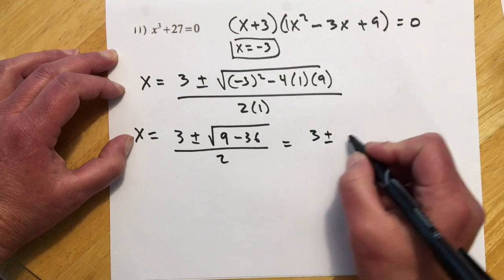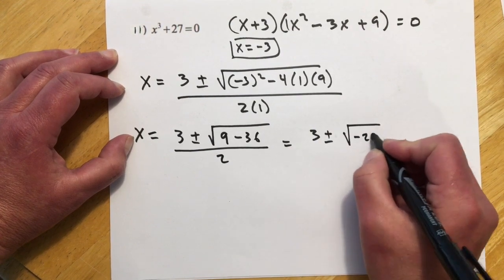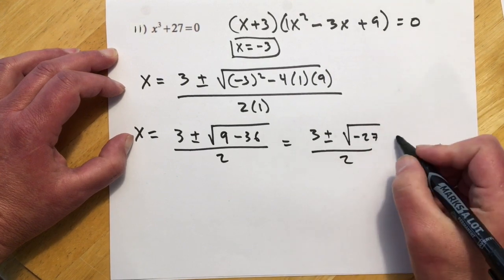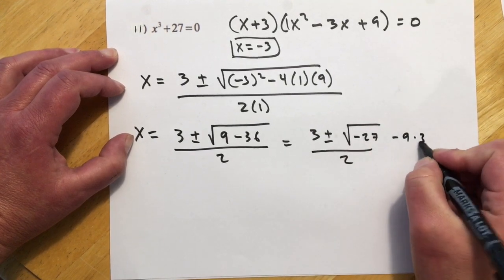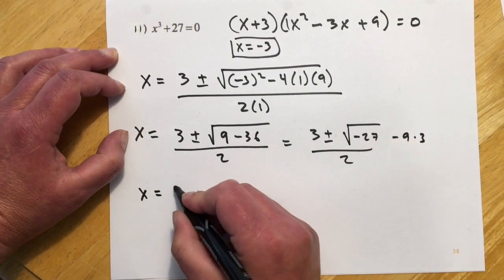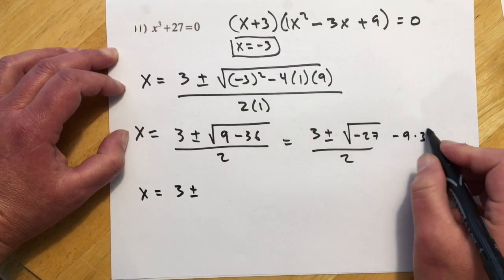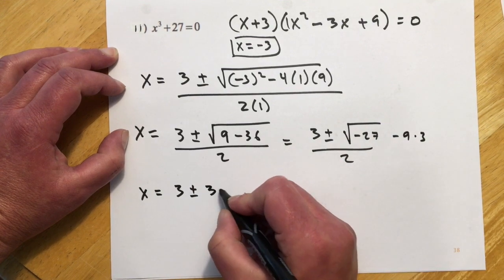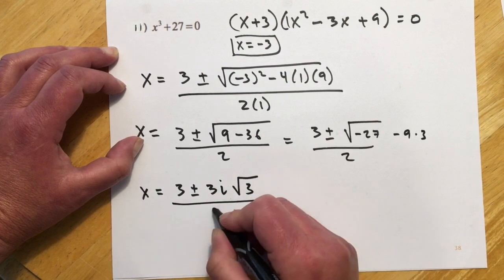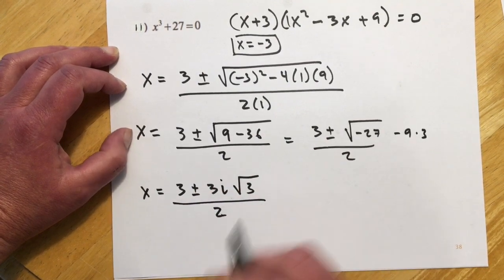That's going to be 3 plus or minus negative 27 over 2. Negative 27, that's a negative 9 times a 3. And so I will have 3 plus or minus, the 9 comes out as a 3, and then the negative comes out as i, root 3 over 2. And that doesn't go in, so that would be it.